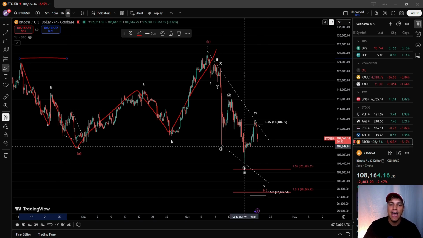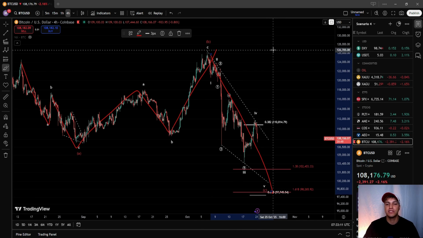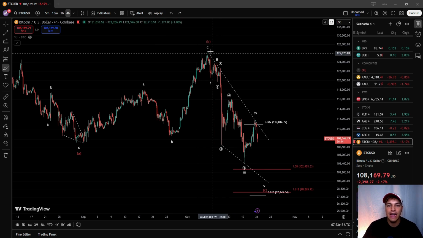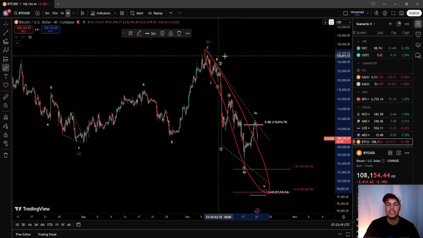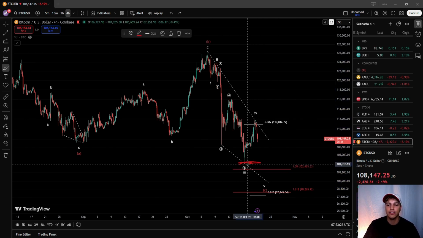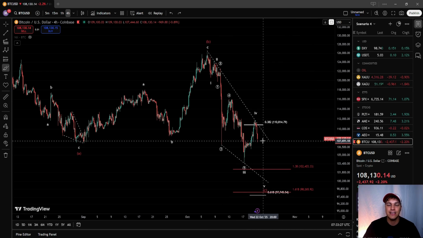And then a 5-wave structure to the downside in wave C. So looking at this currently, we have a wave C to the downside that is possibly not yet finished. Maybe we did form the low at $103,000, but I don't think it is yet finished.